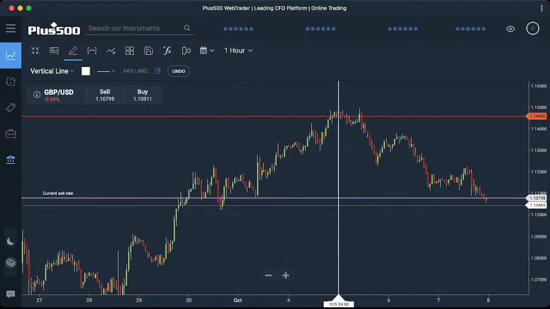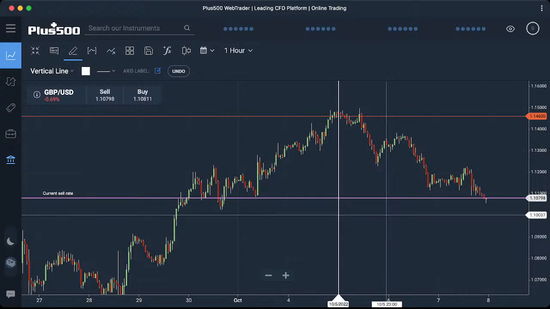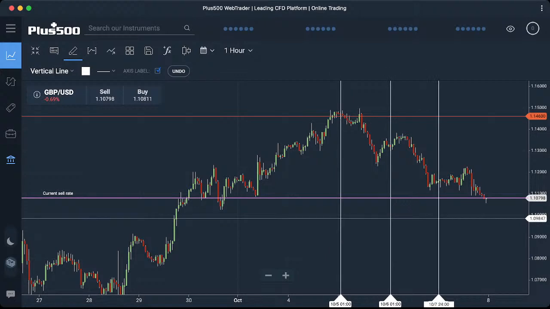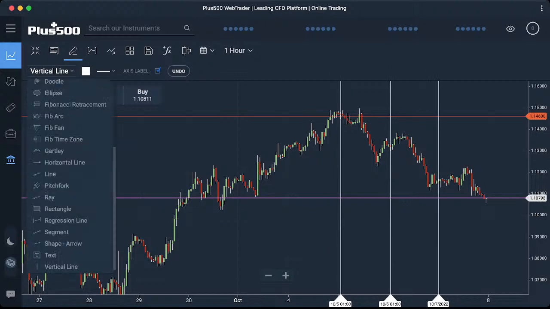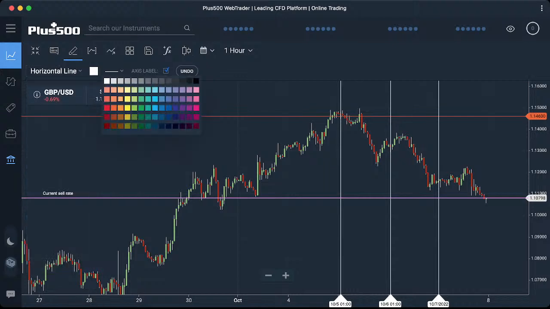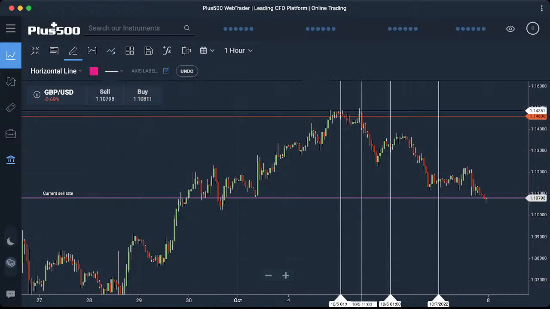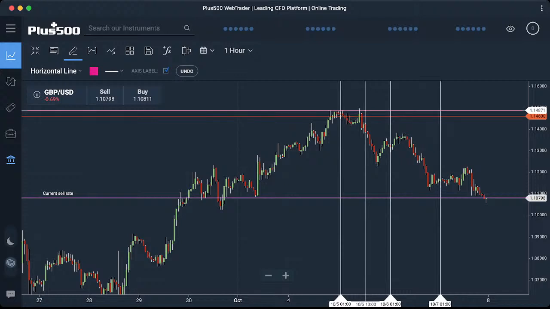This is the 5th, this is the 6th, and then finally up to the 7th of October. So you can see the price on Wednesday pushed to this upside as the last day's high, which was Tuesday's high.